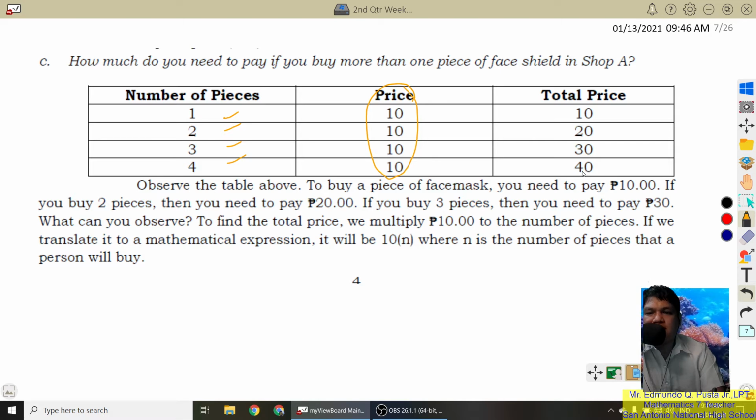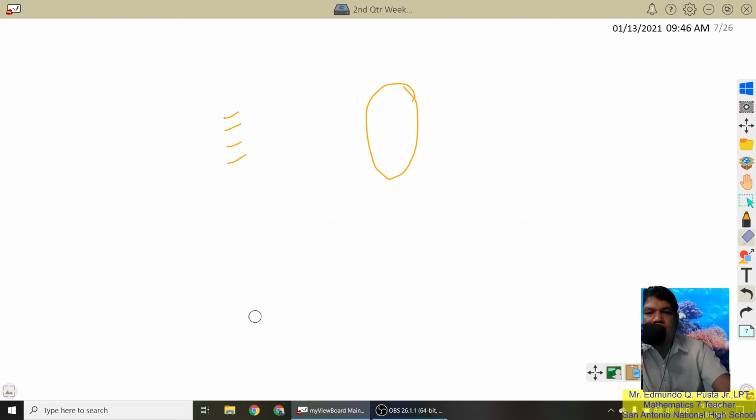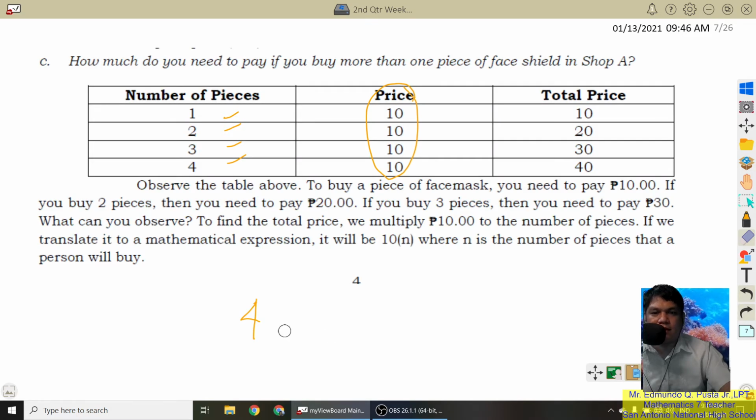So, observe that table above. To buy a piece of face shield, you should pay 10 pesos. Okay? So, what can we observe to find the total price? You're just simply multiplying 10 pesos to the number of pieces.